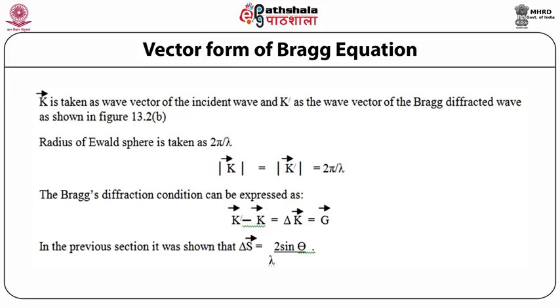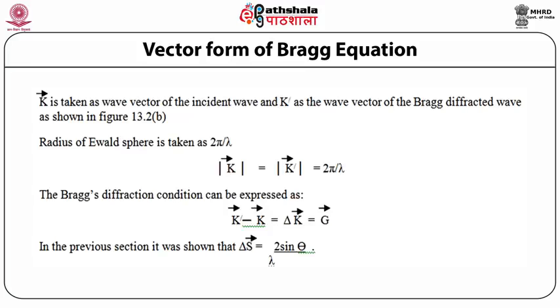The radius of the Ewald sphere is taken as 2 pi by lambda. Modulus of K vector is equal to modulus of K prime vector is equal to 2 pi by lambda. The Bragg diffraction condition can be expressed as K prime vector minus K vector is equal to delta K vector is equal to G vector.